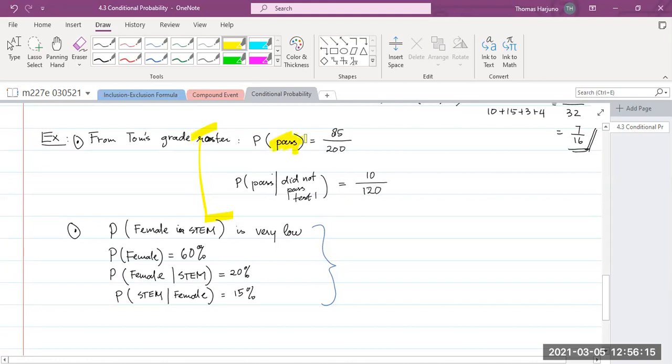Now, what happens if that person did not even pass the first test? Then the probability that person passed the class is much, much lower. On the other hand, that's why I emphasize your test one. What is the probability you pass the class knowing that you passed test one?